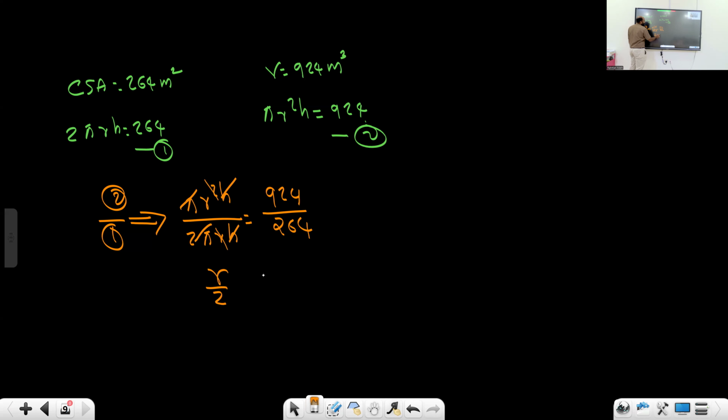You will get r by 2 equal to 924 by 264. When you're reducing, 7 by 2 will be there. R equal to how much? 7. R equal to 7 centimeter.